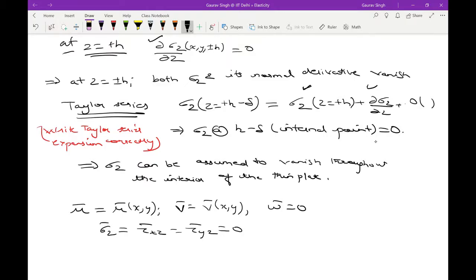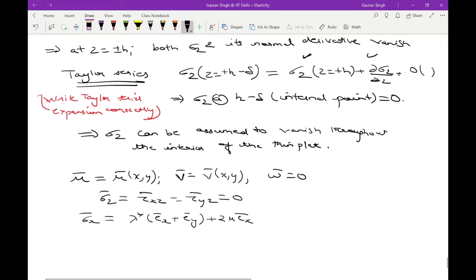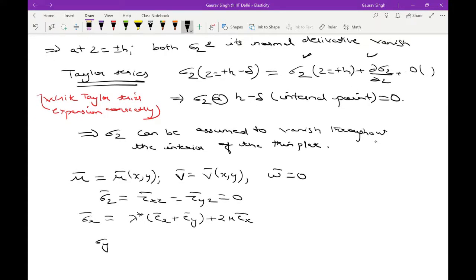Now the sigma x bar can be written as, this is the Hooke's law. Obviously, the averaged parameters are being used now.